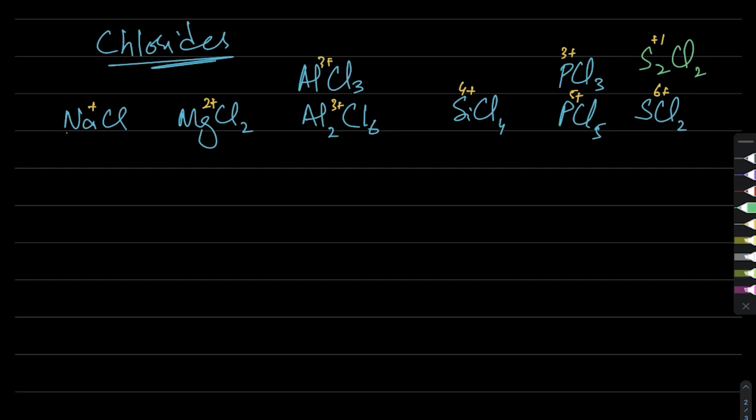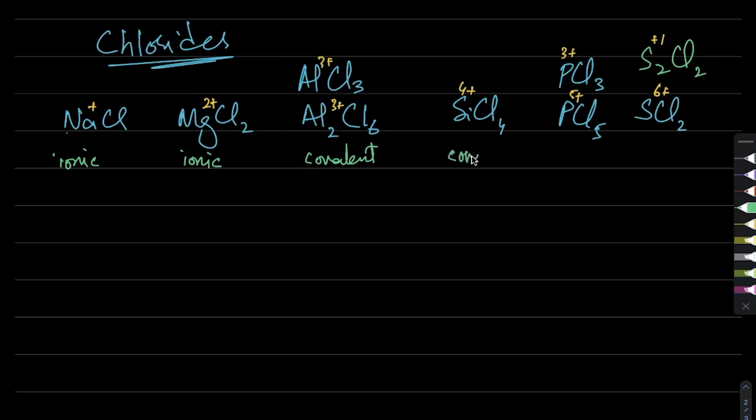Magnesium chloride, ionic. Al2Cl6. Interestingly, this is covalent. So AlCl3 is covalent because aluminum is sharing 3 electrons with it. And we have talked about it when we studied dative bond, that how does this work. Then we have, again, simple molecular.